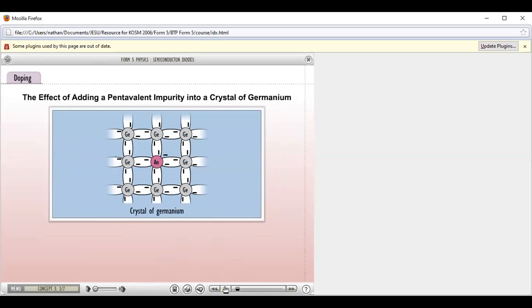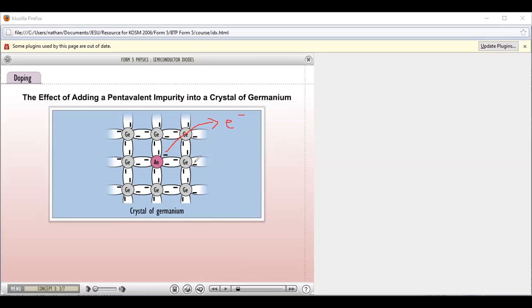Let's say you add antimony into this semiconductor. Antimony has 5 valence electrons. Out of these 5, 4 of them will be involved in covalent bonding. So there's one extra electron here which is not attached to any germanium or semiconductor atom. This electron can come out and become a free electron.